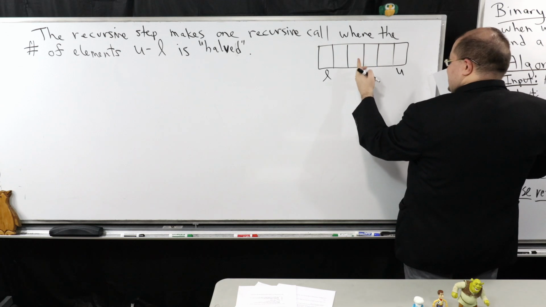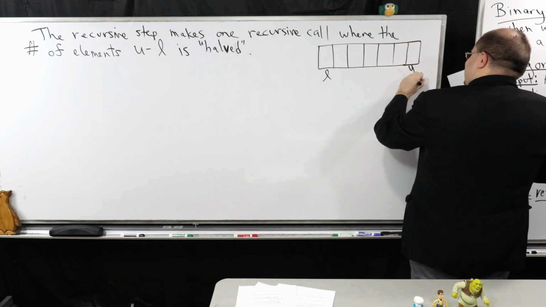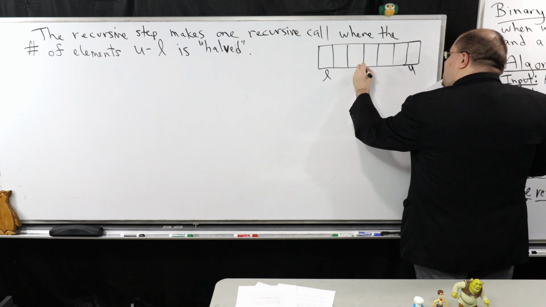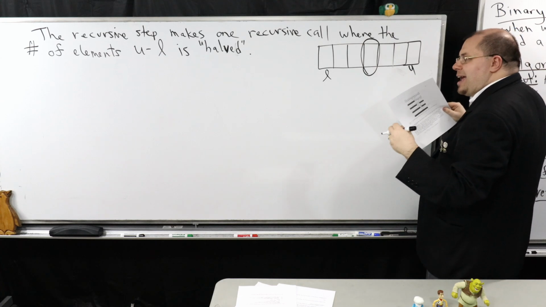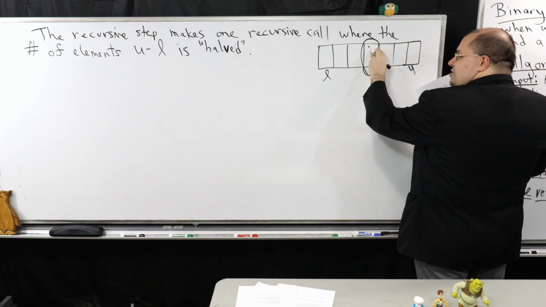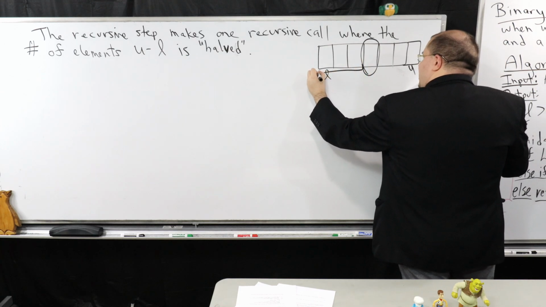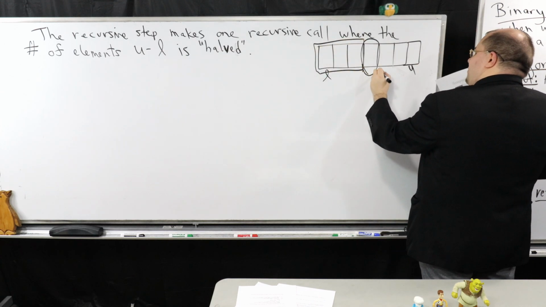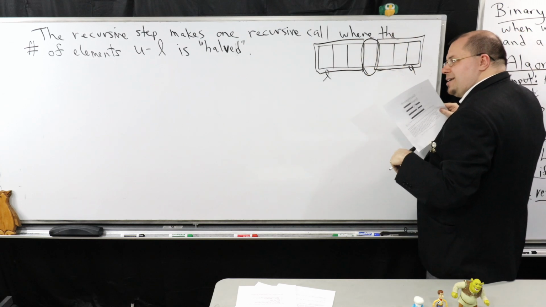Let me add one more element to keep this easier to see. When I check if our guess, the middle position, is X, I don't have to look at this one anymore. So if the left recursive call happens, it evaluates this, and if the right half is examined, it calls binary search on this, right?